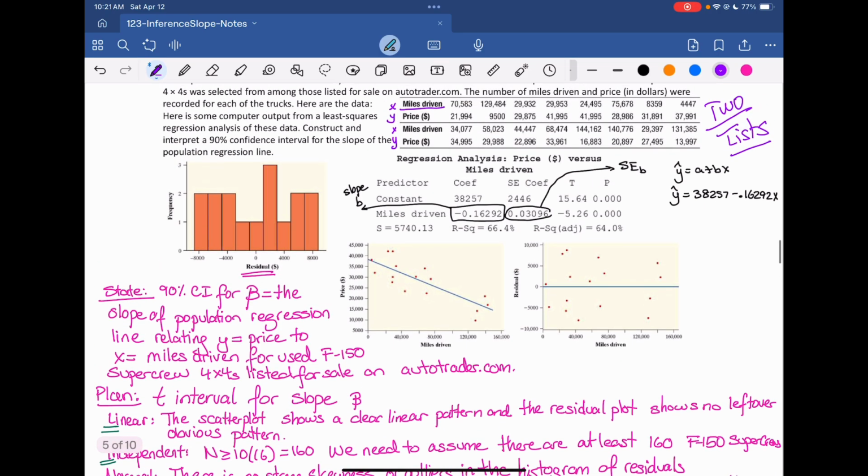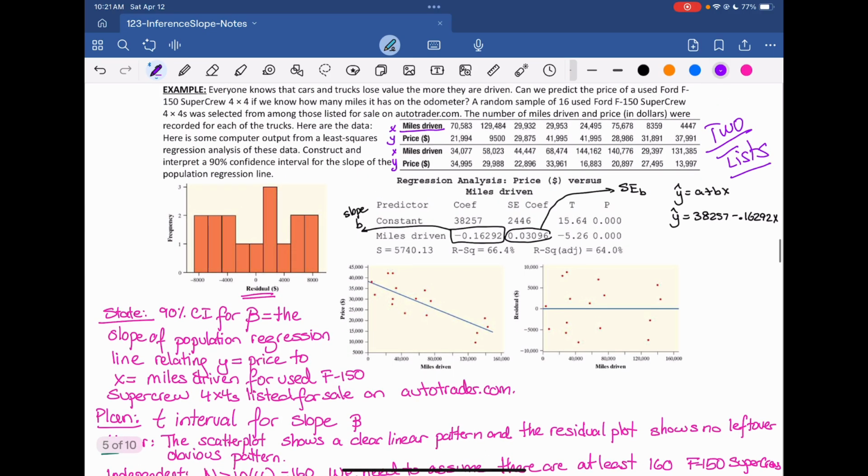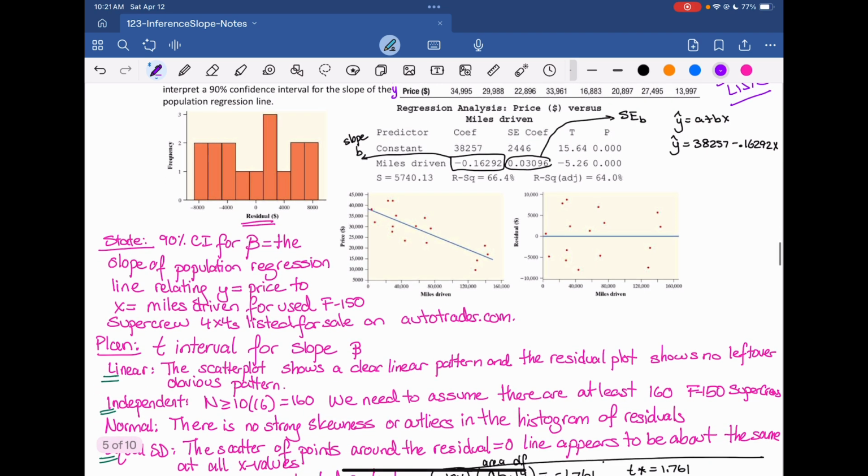All right, we're going to start by looking at the question, interpreting a 90% confidence interval for the slope. So we're going to start by stating we are doing a 90% confidence interval for the slope, which is beta, this b with this line a little longer.